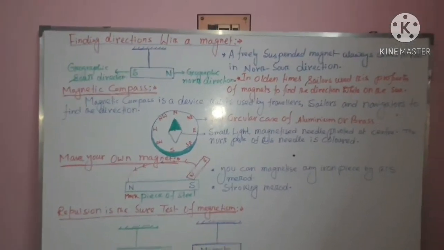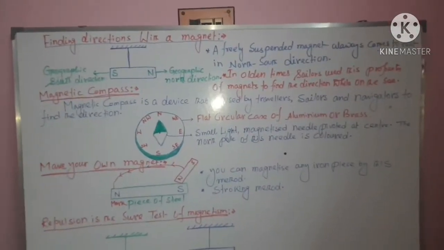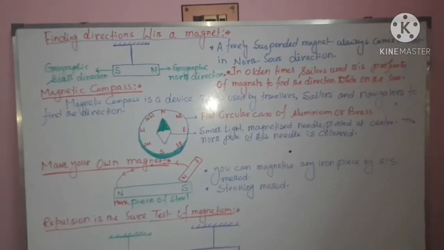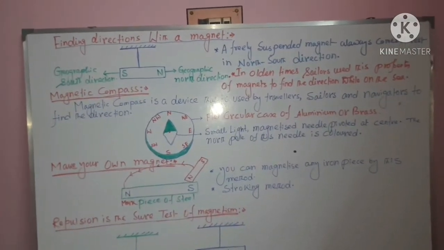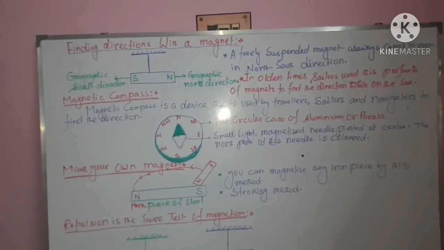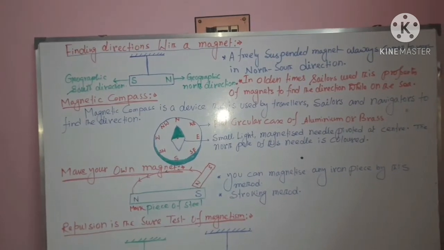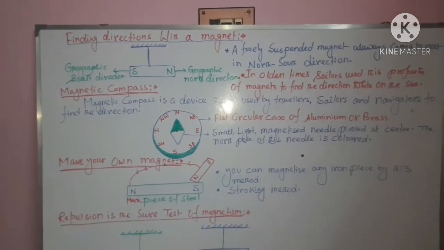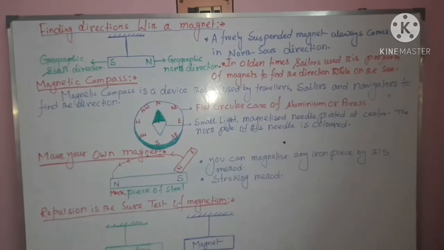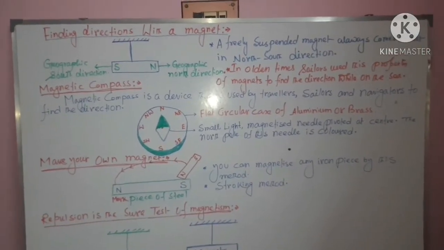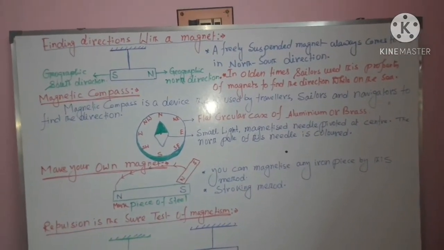Now rotate the bar magnet again and again, and you will see that every time the bar magnet comes to rest, it comes to rest along a specific direction, and that specific direction is the north-south direction of that place.